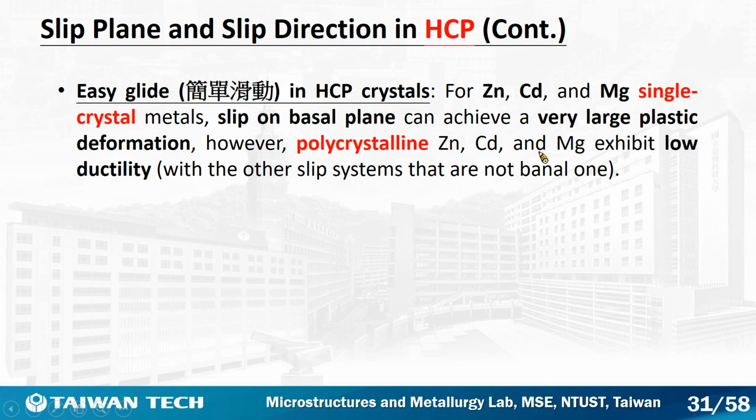And then let's talk about easy glide. I think we have mentioned it a little bit earlier. Easy glide means that slip on the basal plane, of course this is for HCP, can occur. For example, we have this tensile stress, right?